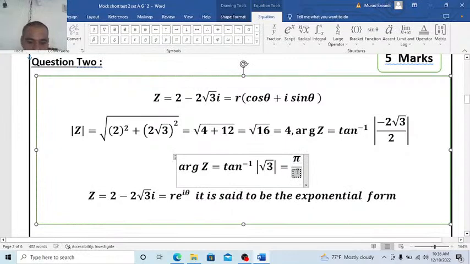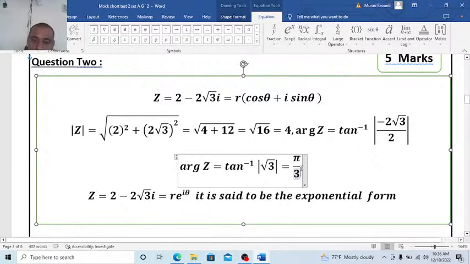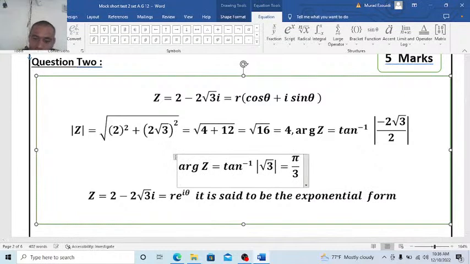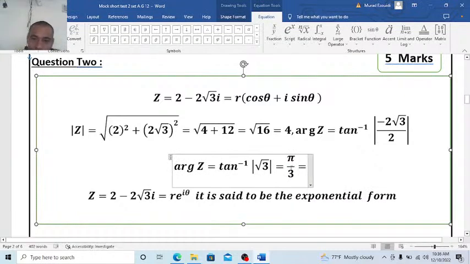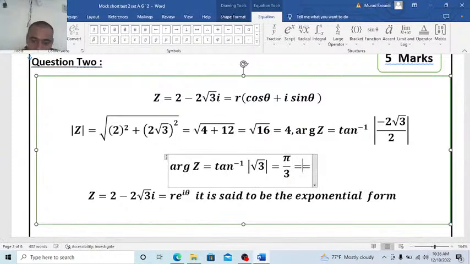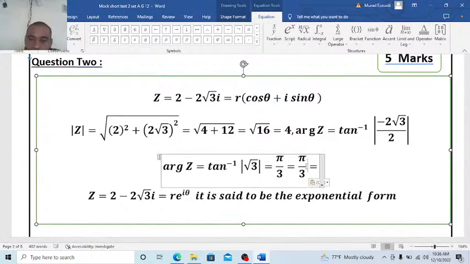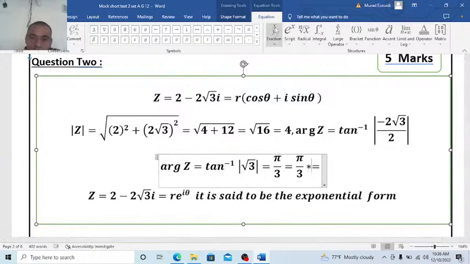Therefore, pi over 3 can be changed to degrees. If you would like to change it to degrees, you multiply pi over 3 by 180 degrees divided by pi.